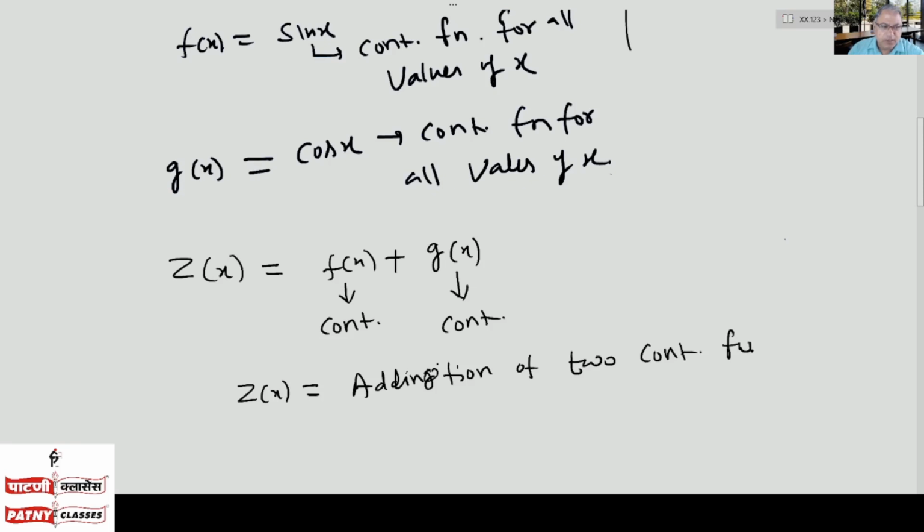As per the rule, the addition of two continuous functions is also continuous. Therefore, z of x is a continuous function. From this example, it is clear that whenever you have two continuous functions at a particular value of x, their addition is also a continuous function.